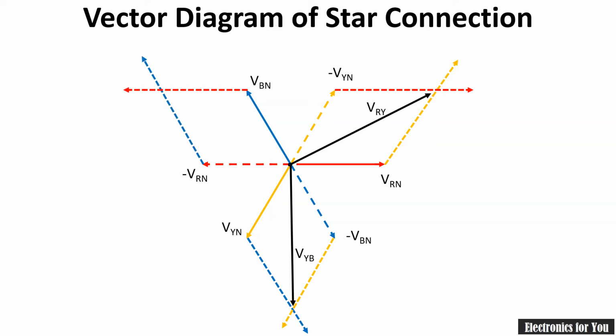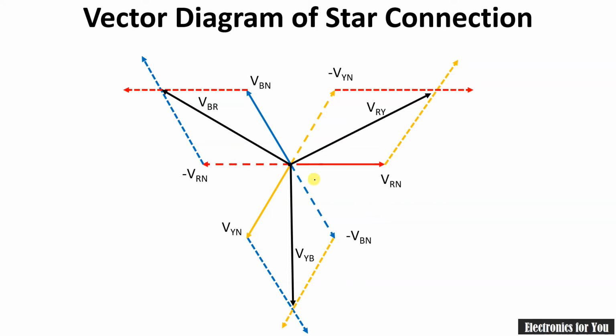Next one is this one, and here the resultant is VBR. So in this way we can plot a vector diagram. Here note that we have a phase difference of 120 degrees, and it is minus 120 degrees, which can be shown in the clockwise direction. So we have just plotted this and we got the vector diagram in the star connection.